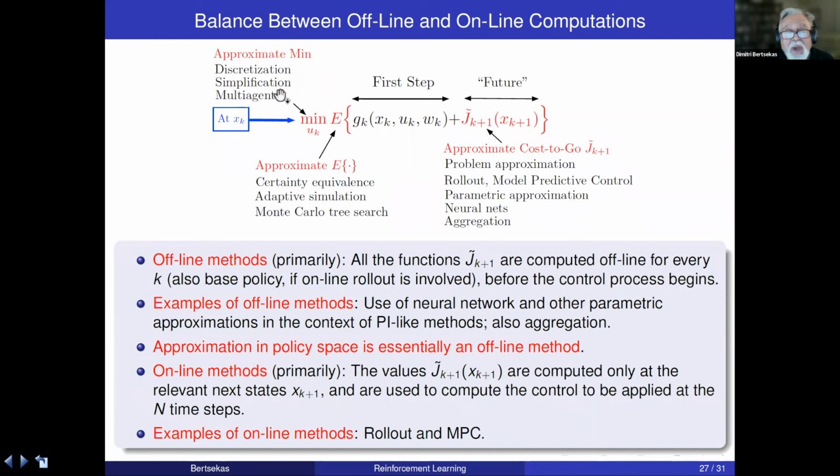Sometimes this approximation of the minimization is also an online operation. So depending on where these parts of the scheme are done, we can have offline and online methods and mixtures of the two.